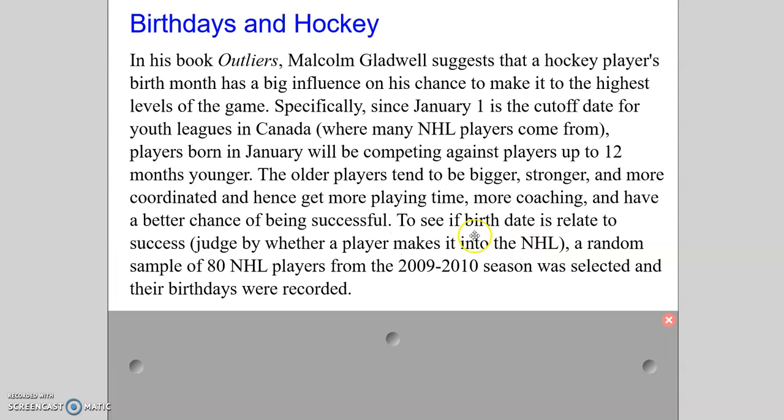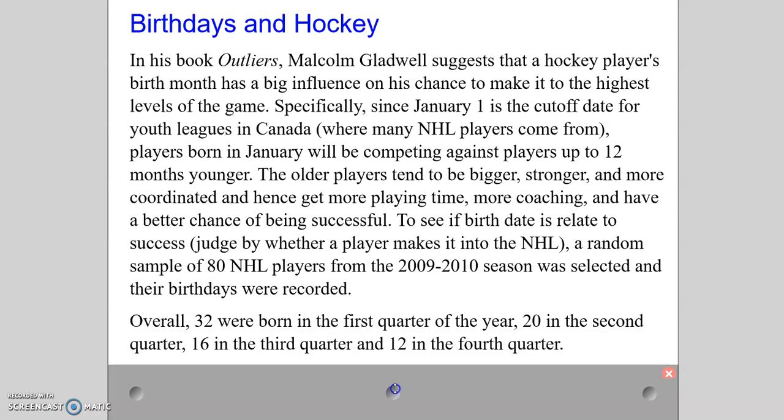So to see if birth date is related to success, and we're going to define success as whether a player makes it into the NHL or not, we look at a random sample of 80 NHL players from the 2009-10 season, and we record their birthdays. Instead of just doing 365 possible categories, we're going to group them into quarters of the year.